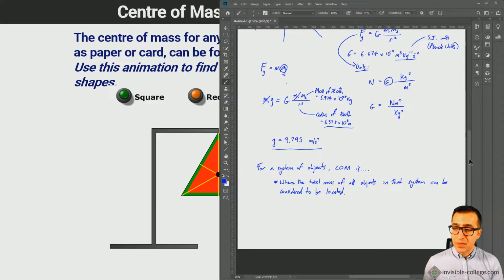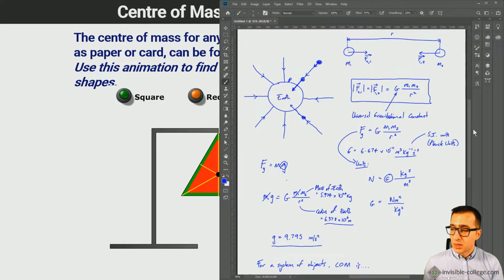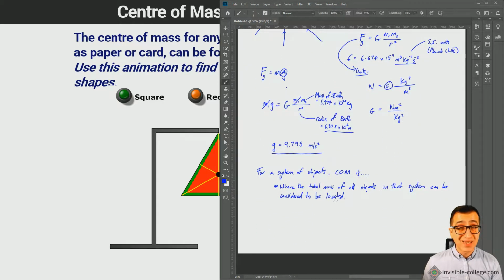But again, think of Newton's second law. If the resultant force acting on an object acts on the mass of that object, then if we're considering the total force, the net force on a system of objects, the resultant force, we can also consider the center of mass to be where the net force on the whole system is acting.